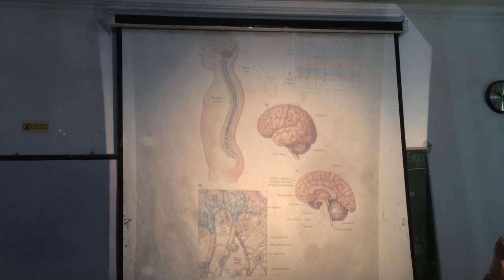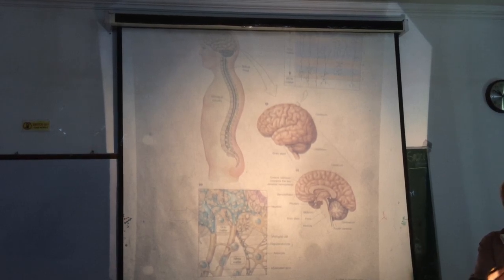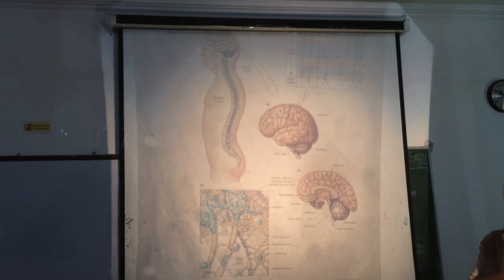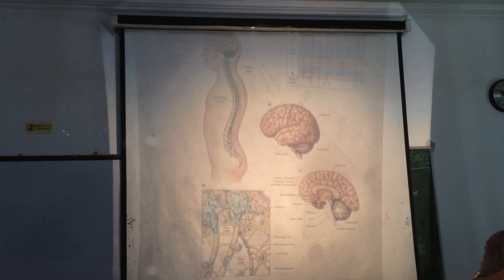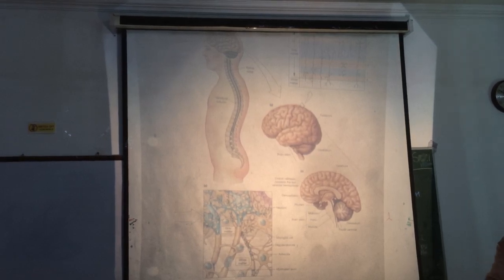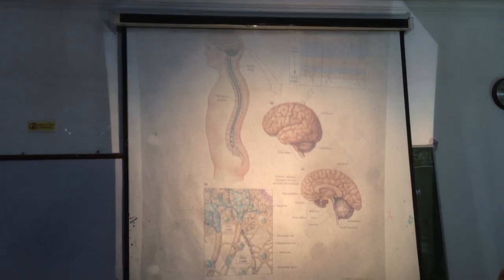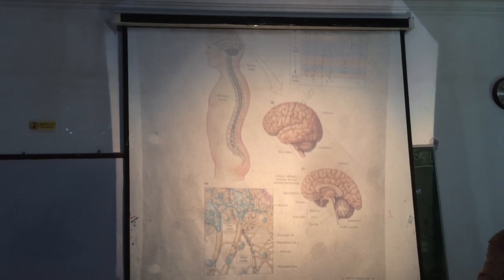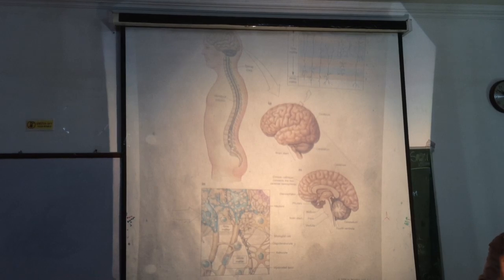These basal ganglia include the caudate, putamen, globus pallidus, substantia nigra, and subthalamus. So these are the five components of the basal ganglia.